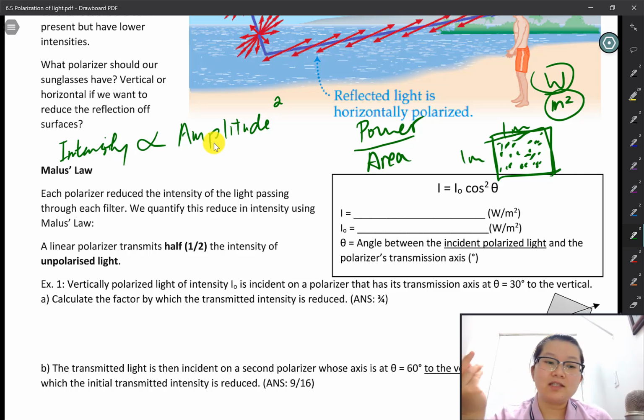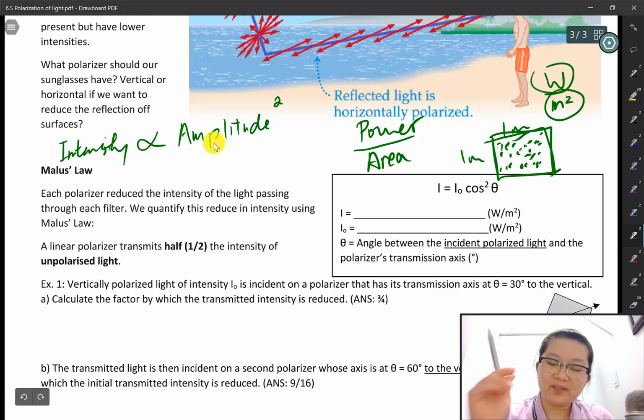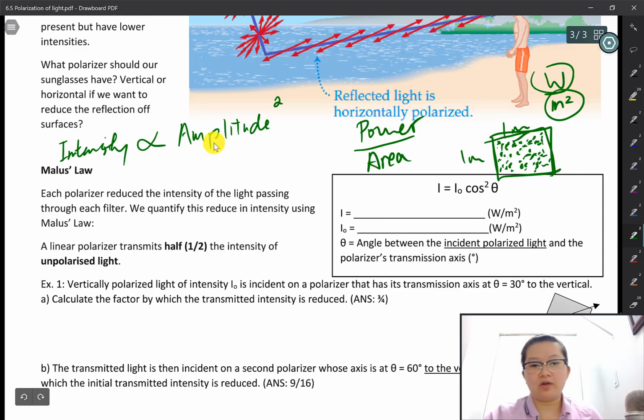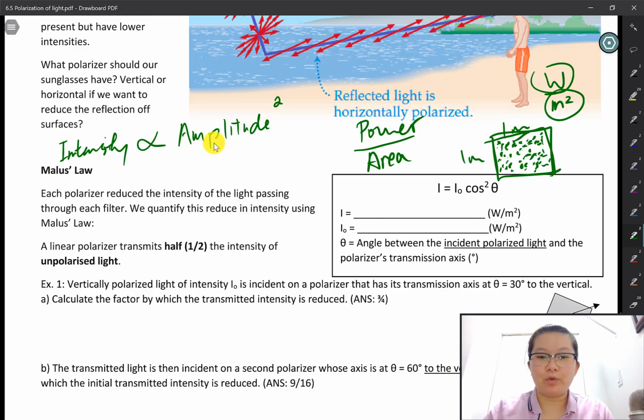In terms of light, the more little packets of waves that hit this particular area per unit of time, the larger your intensity is going to be. So power is not just the amount of energy, it is the rate at which energy is hitting this piece of area, which is going to increase with power.